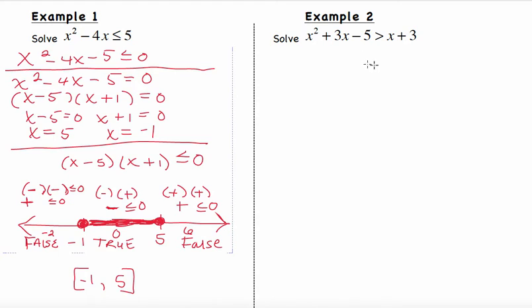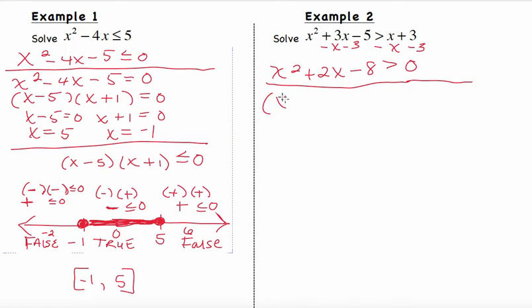All right, let's go ahead over here and move everything to one side. I'm going to subtract the x and the 3, minus x and minus 3, and I get x squared plus 2x minus 8 is greater than 0. Okay, so let's go ahead and solve the related equation.